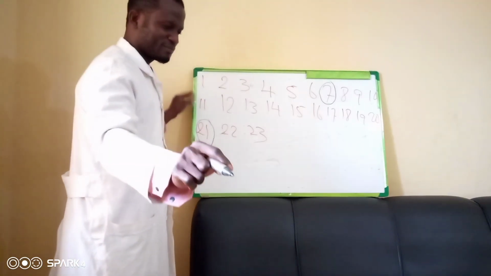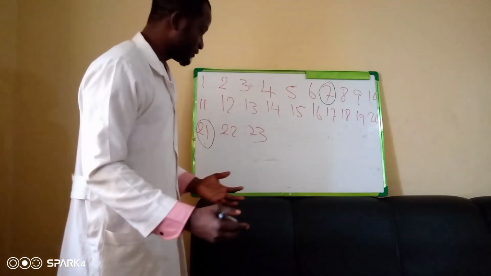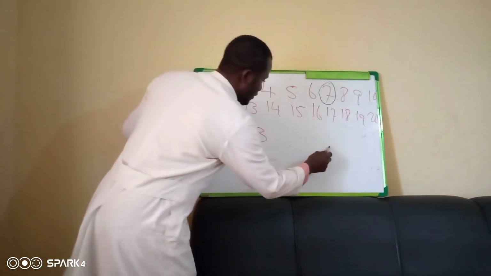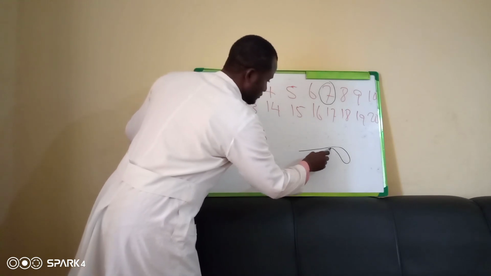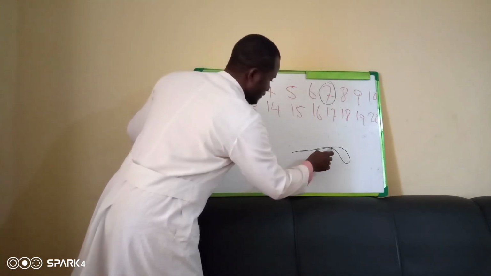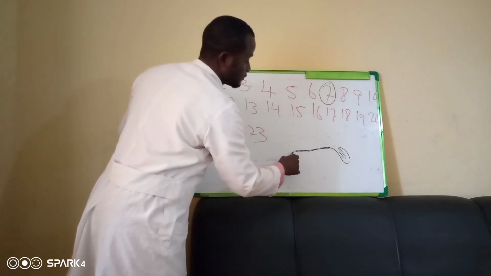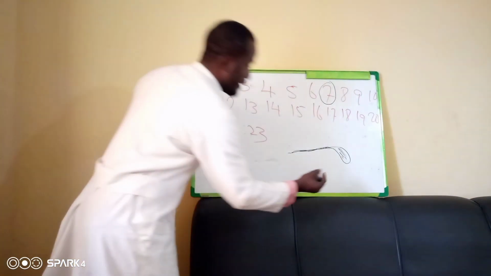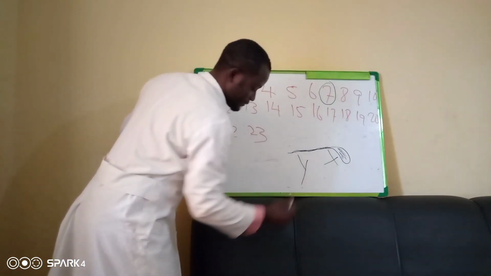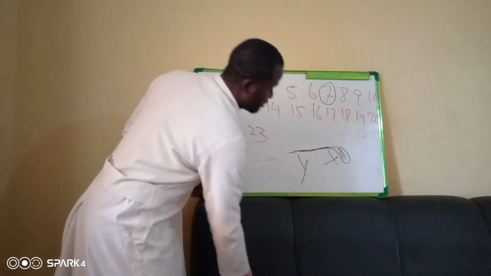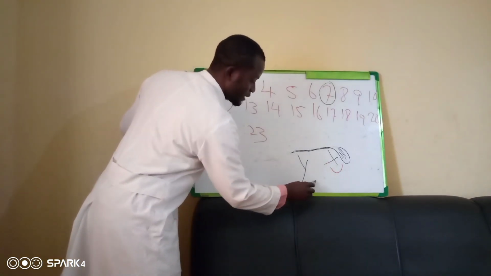So we have to understand something about the sperm cell. Your sperm cell is made up of the X and the Y. So the sperm cell is made up of X chromosomes and Y chromosomes.